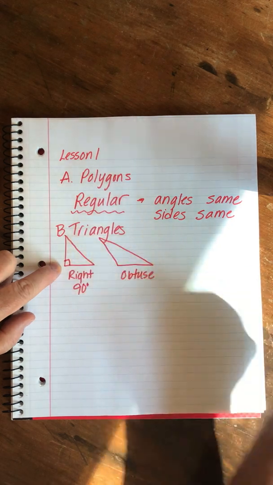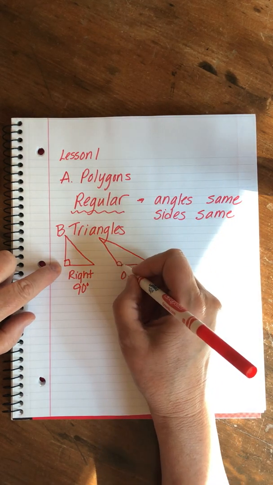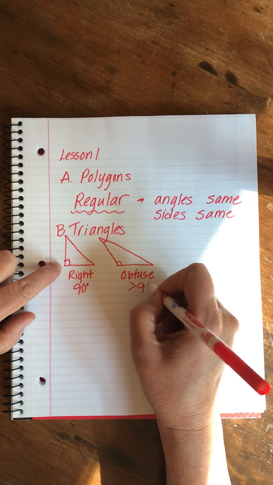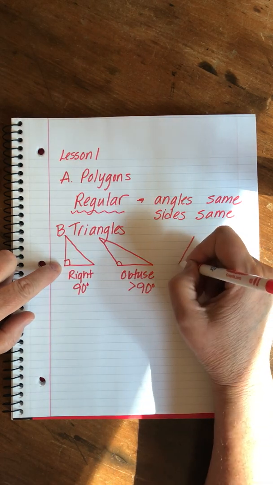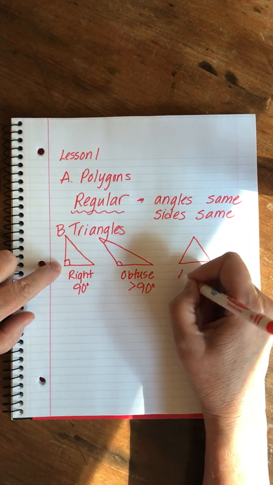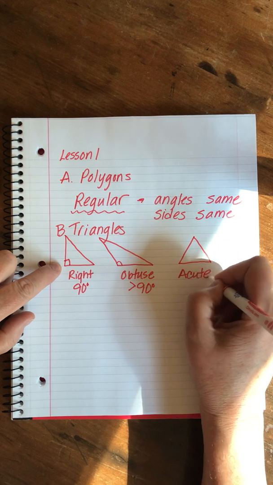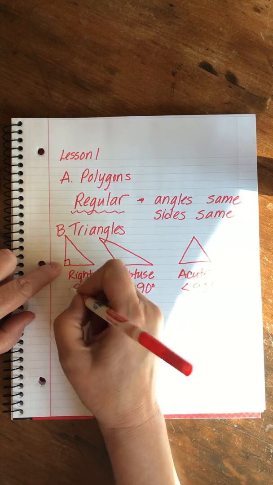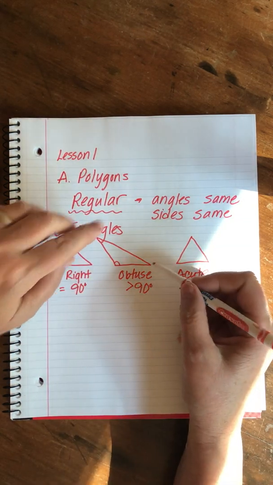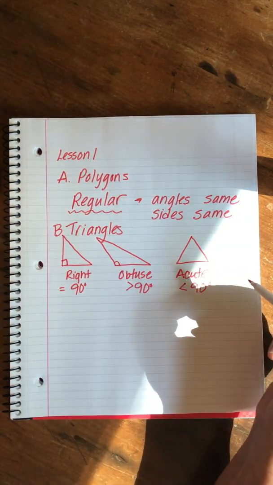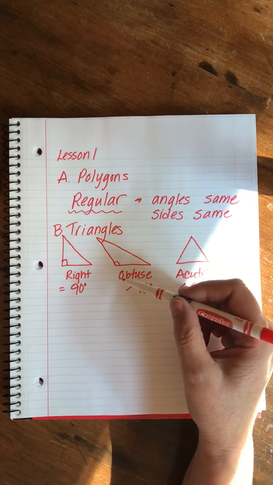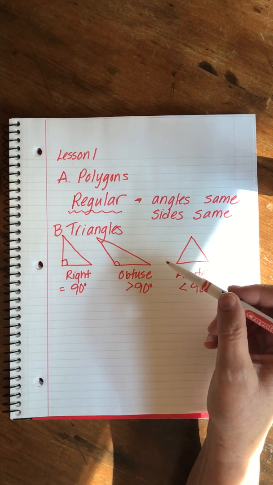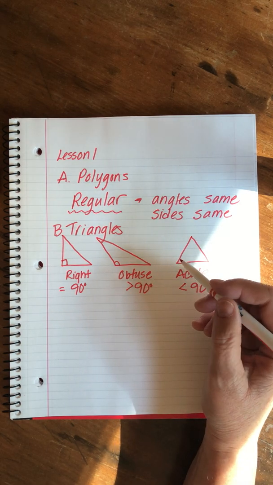You've heard this all before. This one has an angle that is greater than 90 degrees. And this is acute, and all of its angles are less than 90 degrees. Okay? The obtuse only has one that's so big. You can only have one that is that big. It's not possible to do it any other way.